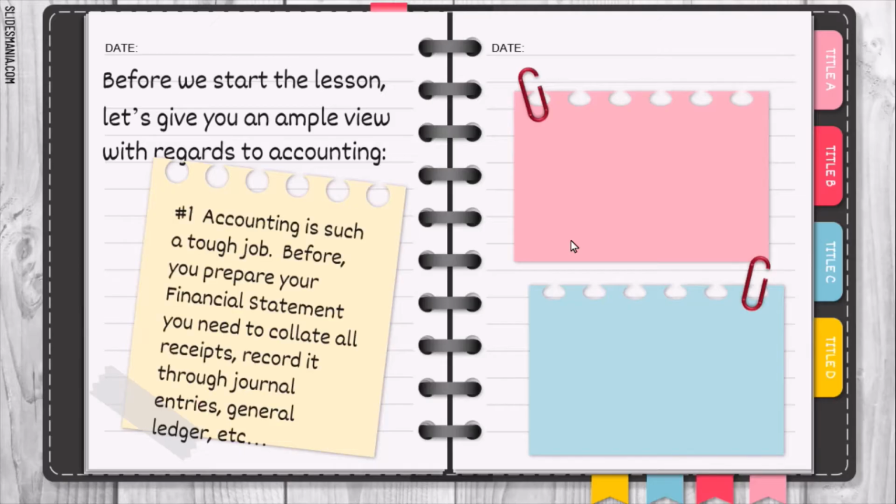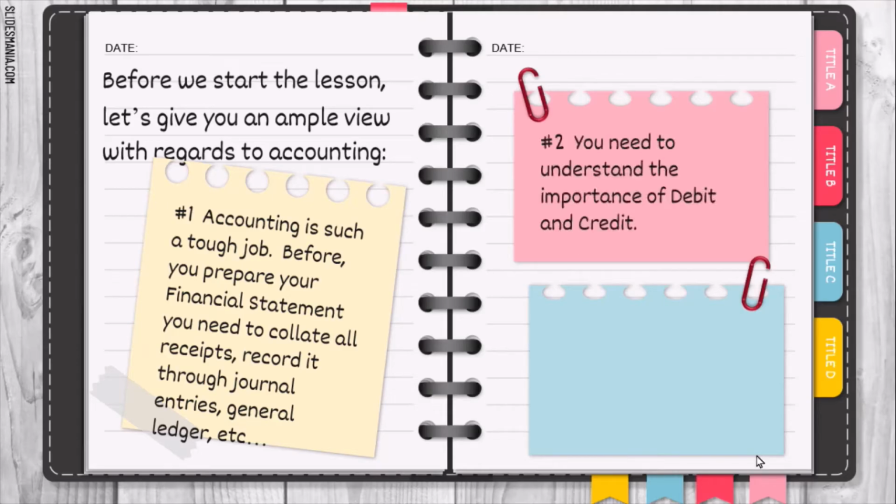Number 1, accounting is such a tough job. Before you prepare your financial statement, you need to collate all receipts and record them with journal entries, general ledger, trial balance, etc. Number 2, you need to understand the importance of debit and credit.